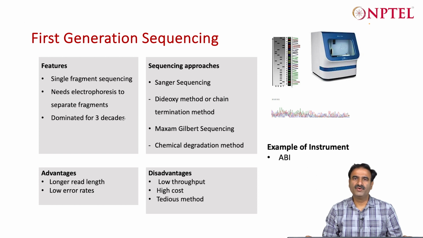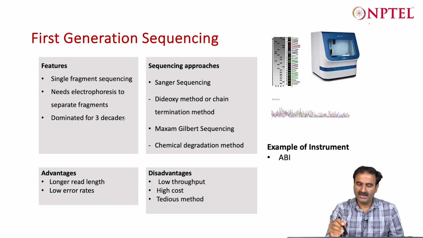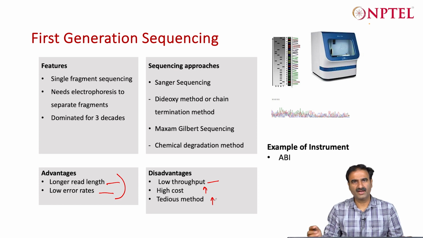So it required 4 nucleotides, one modified nucleotide, a polymerase, and a primer. The strengths were that it can sequence long reads and is free of errors, with low error rates. That is why it is still in practice, but it has very low throughput and very high cost, and is a very tedious method for larger genomes.